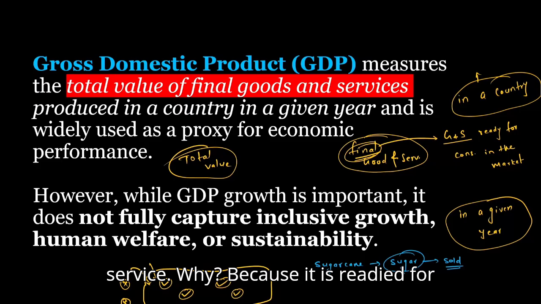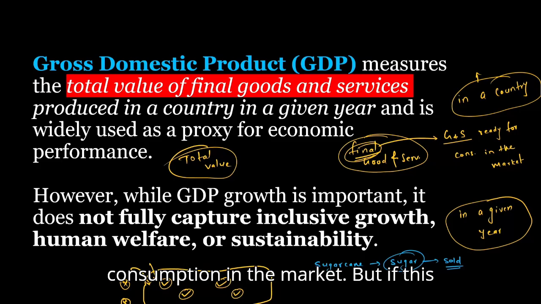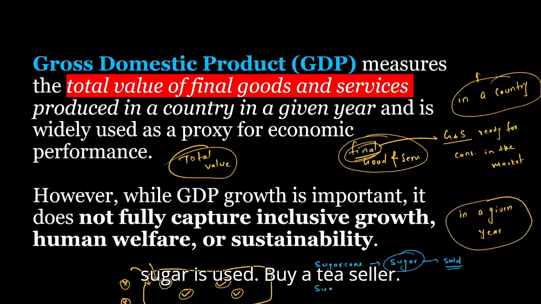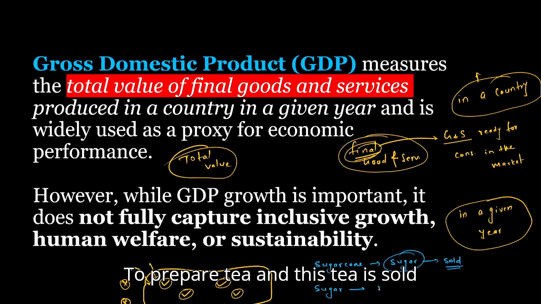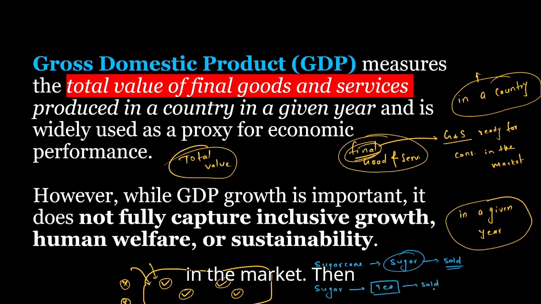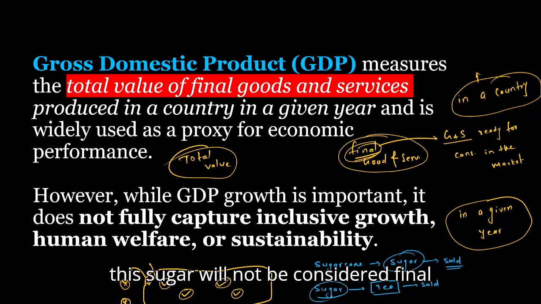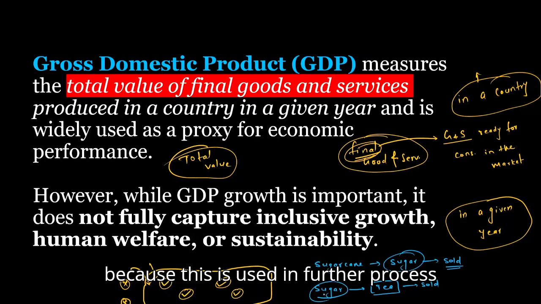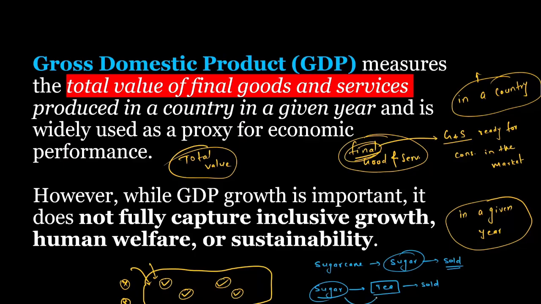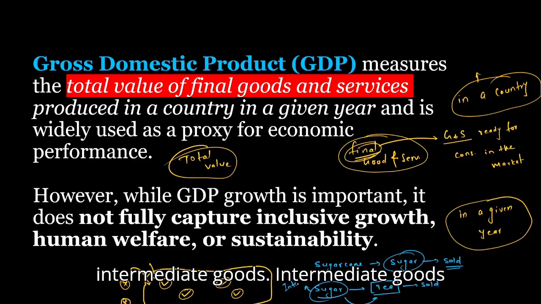Why? Because it is ready for consumption in the market. But if this sugar is used by a tea seller to prepare tea, and this tea is sold in the market, then this sugar will not be considered final, because this is used in a further process of production. So in this case, sugar becomes intermediate goods.